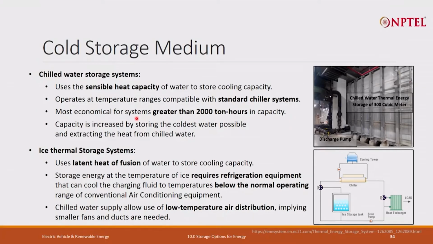So what is the energy storage capacity of this system? E storage, or you can use Q, is m Cp delta T, where the mass of water is 3 lakh kg. Cp of water is 4.2 kilojoule per kg per degree centigrade or per degree Kelvin. And delta T: the return water temperature is 20 degrees and my storage temperature is 6 degrees, so 14 degrees.